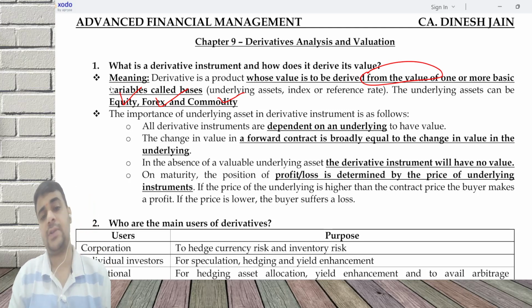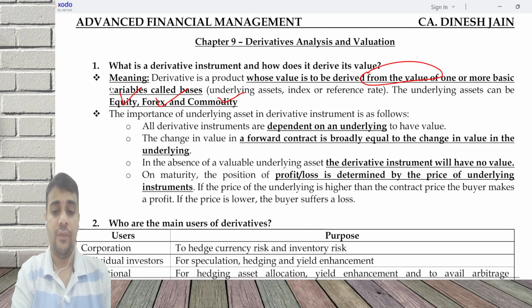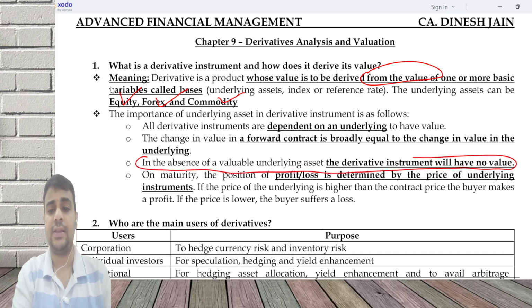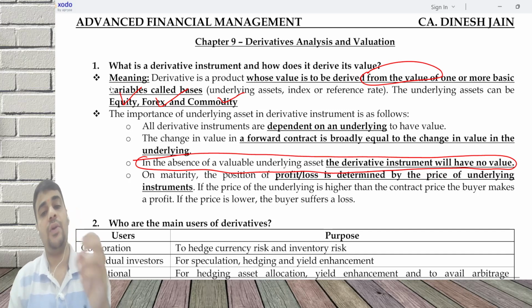The importance of the underlying asset is that without an underlying asset there cannot be any valuation of a derivative instrument, because a derivative instrument can have value only when there is an underlying asset. In the absence of an underlying asset, the derivative instrument will have no value.